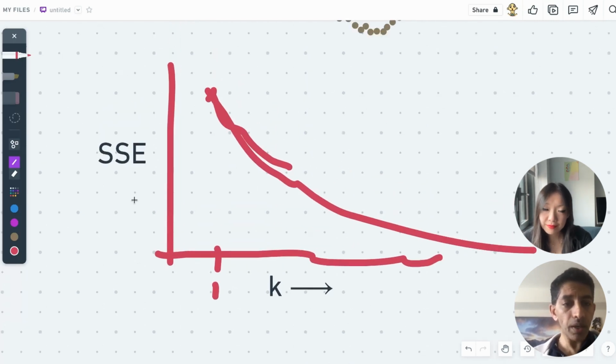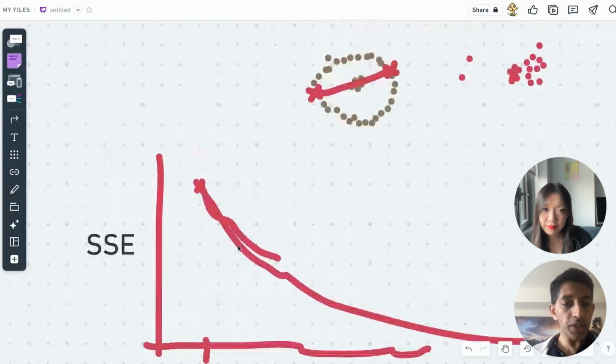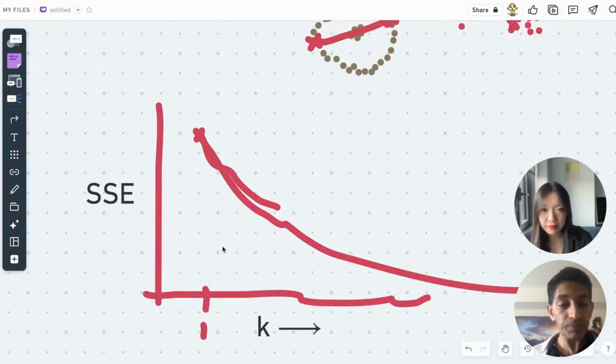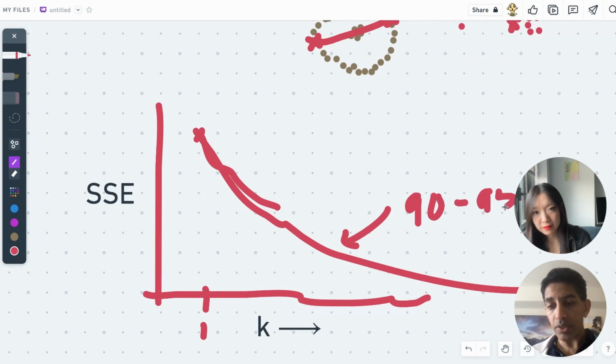Okay. The way to do it is to study the reduction in SSE as K increases. Typically, and this is a heuristic, what is done is we choose a point where we have captured 90 to 95%, or whatever the company or the team decides is their threshold or cutoff.